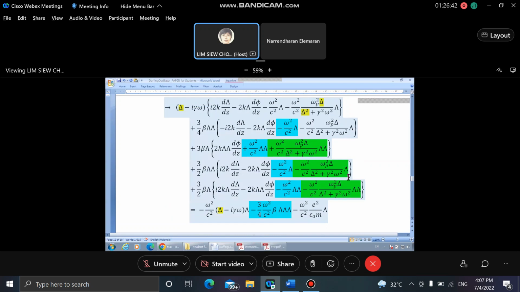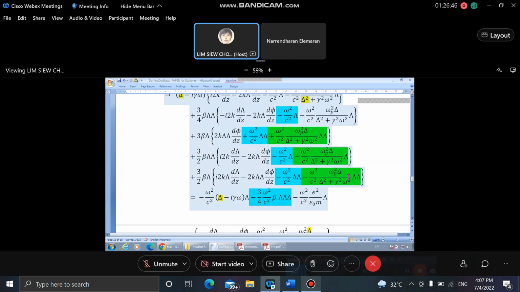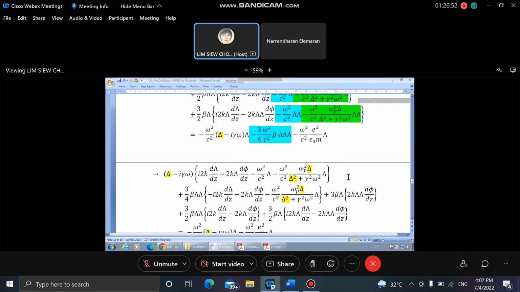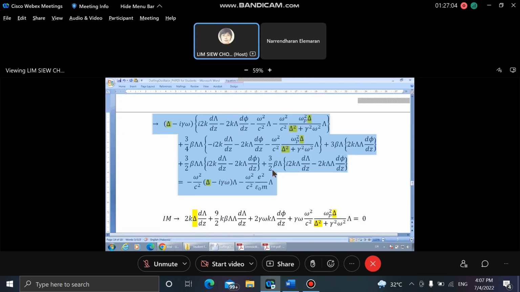I hope that you can take a photo of this, see whether you can get the same result, because I think it's true, because I can reproduce the results on the articles. So this is after simplification. I collect the terms with the same order, open the bracket and collect minus, take away terms or something like this.